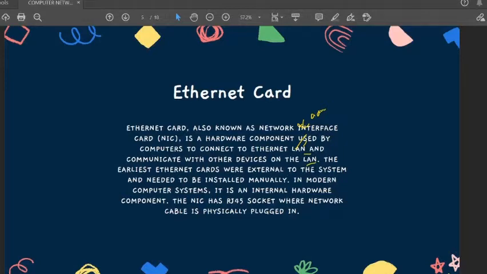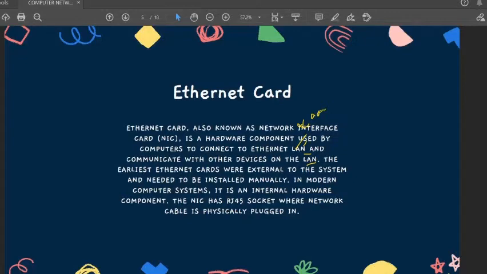Okay, we know that the earliest Ethernet cards were external to the system. Now we don't even know that there is something called Ethernet card. But earlier, if we needed to connect to a LAN, then we needed to buy it from the shop and externally attach it.